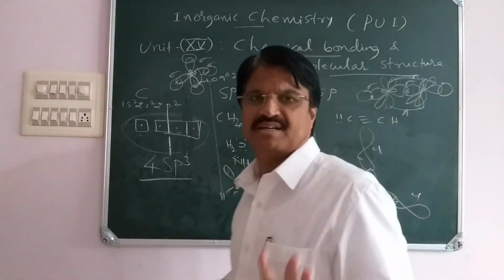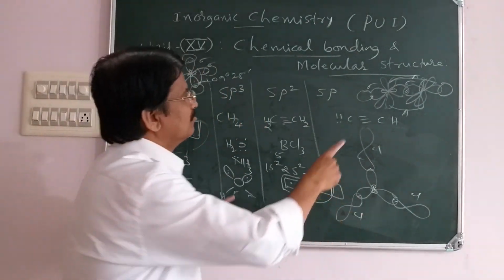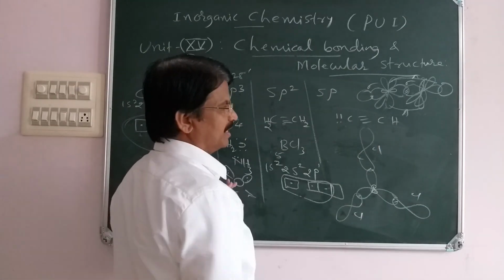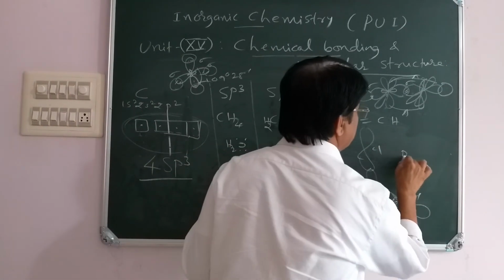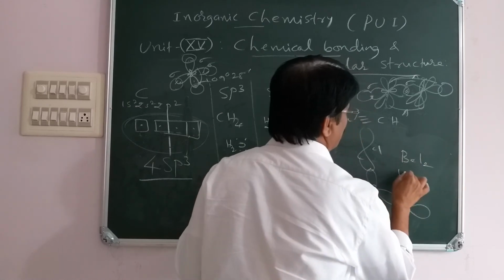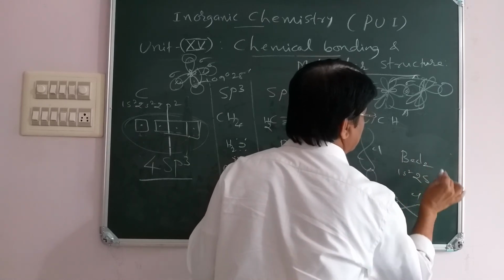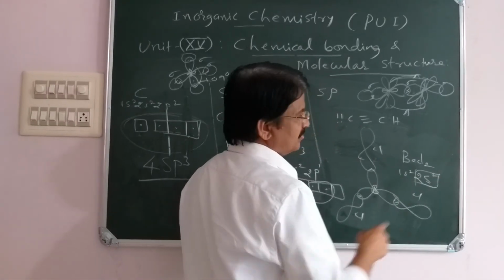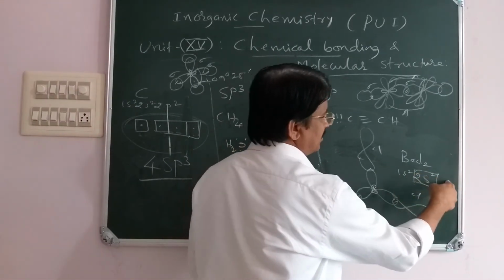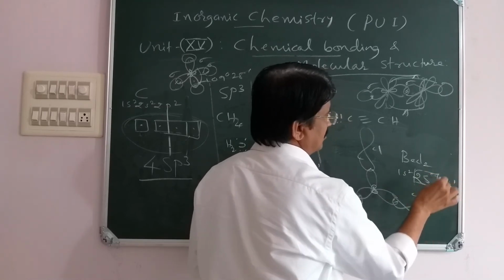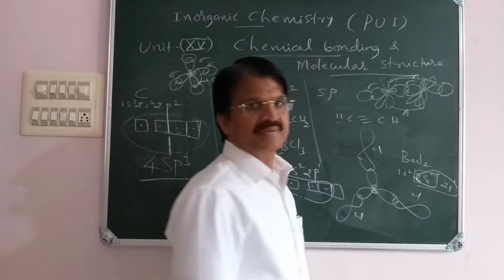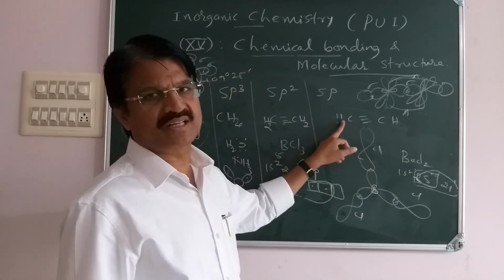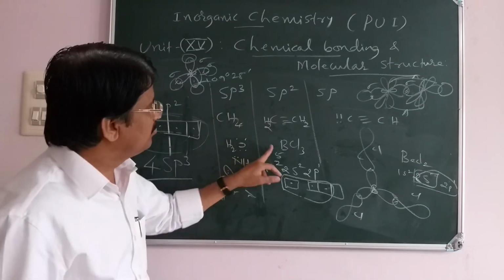So in theory you studied like this, but you should have some idea about this, then only you can understand chemical bonding. Acetylene or alkyne molecules undergo sp hybridization, and even BeCl2, 1s2, 2s2, where 2s2 means an electron shifts to 2p, so BeCl2 undergoes sp hybridization.